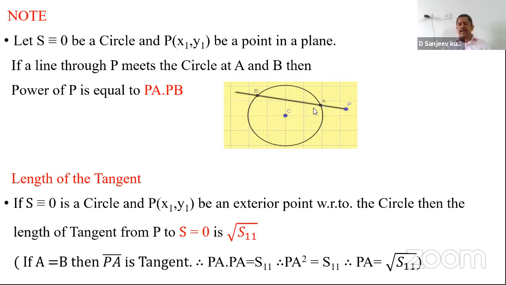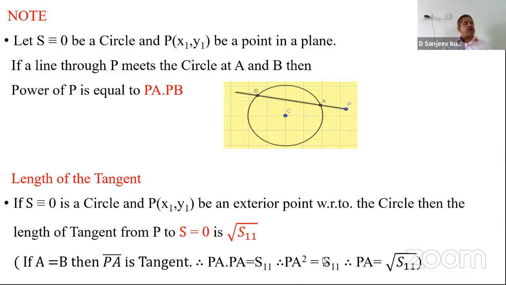So this line PA can be called a tangent. But what is the power of the point formula here? It is PA into PB. Because A is equal to B here, you can write PA into PA. But for the power of the point, you have the formula S11. So you can write PA into PA is S11. So PA² = S11 or PA is nothing but square root of S11.